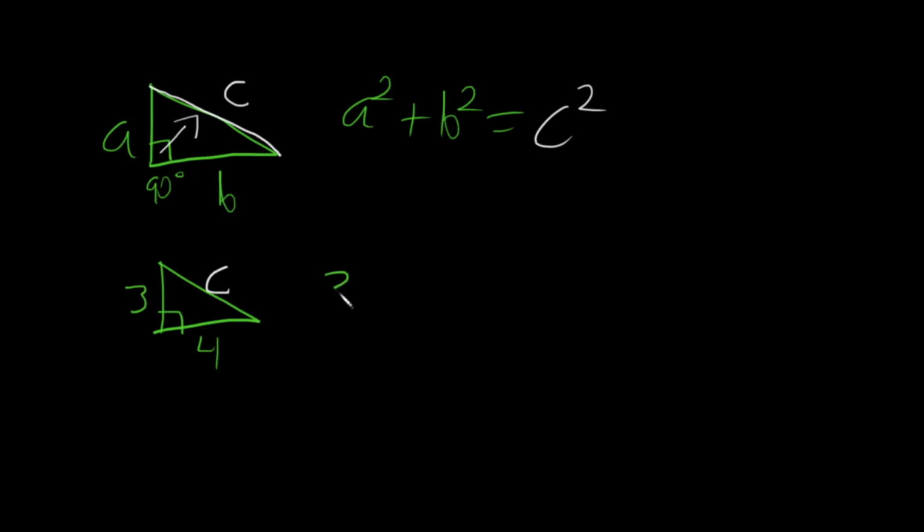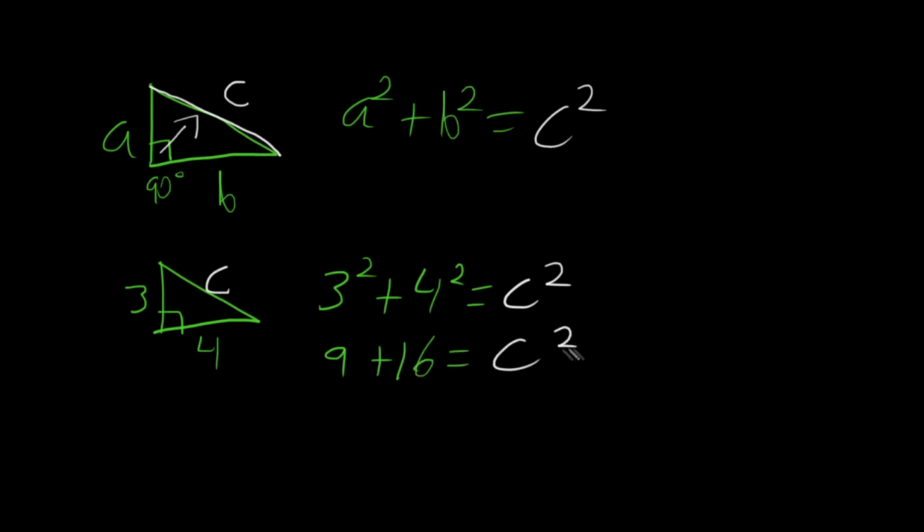So we would start with 3 squared plus 4 squared equals c squared. 3 squared is just 3 times 3, which would be 9, plus 4 squared, which would be 16, equals c squared. 9 plus 16 gives us 25, which equals c squared.